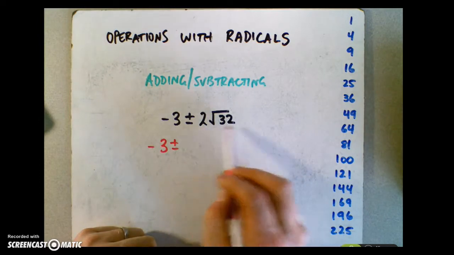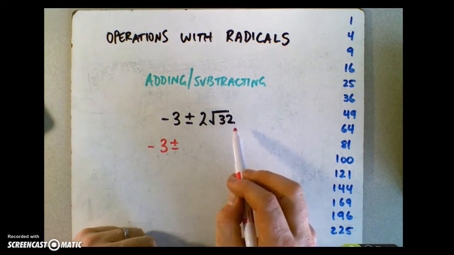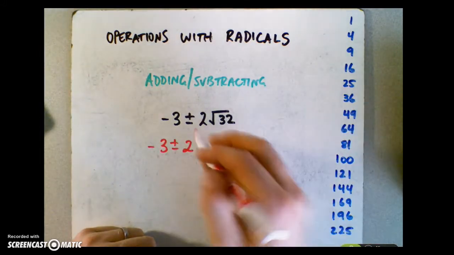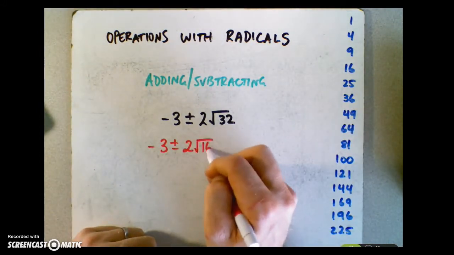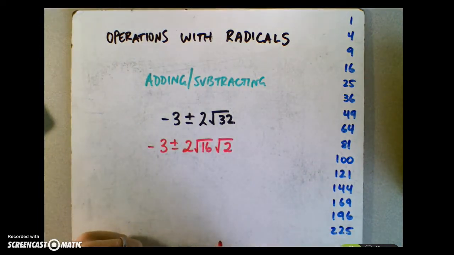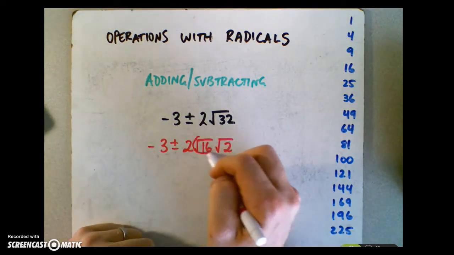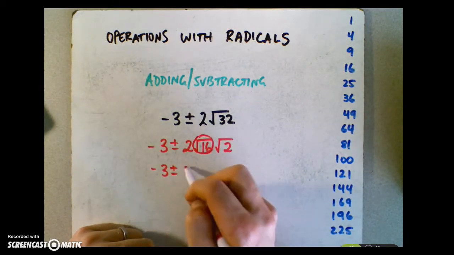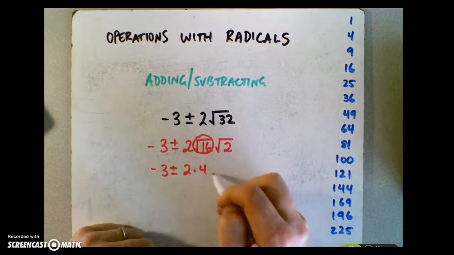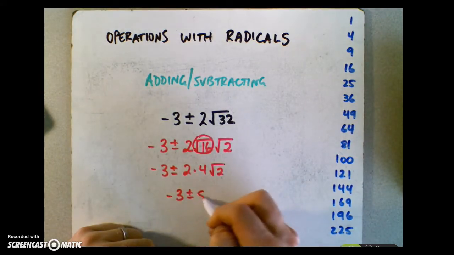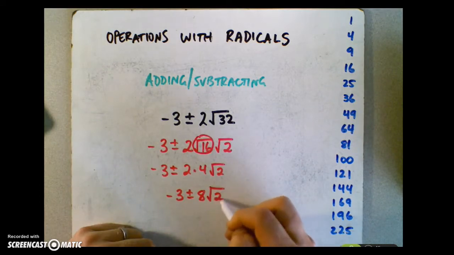And now what I'm really doing is simplifying 2 radical 32. So the biggest perfect square that goes into 32 is 16. So I've got 16, and 16 times 2 gives me radical 32. There's my perfect square. So negative 3 plus or minus 2 times 4 radical 2 gives me negative 3 plus or minus 8 radical 2.